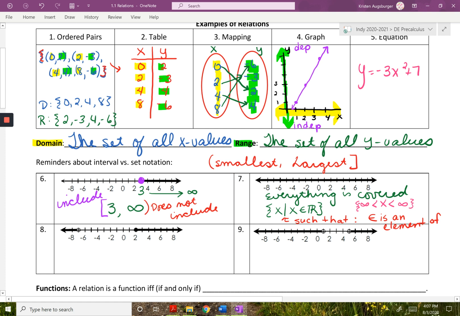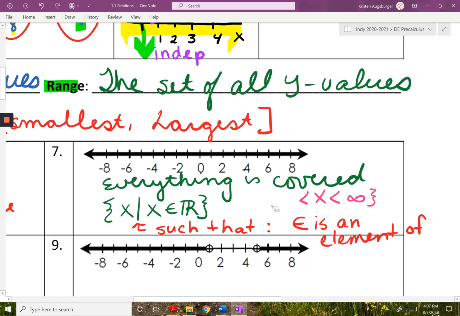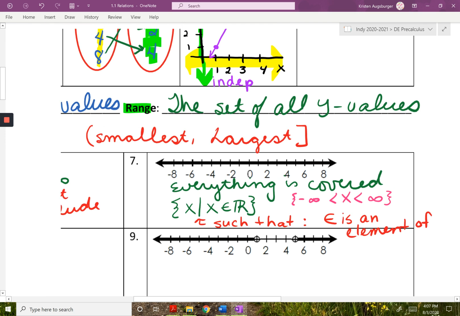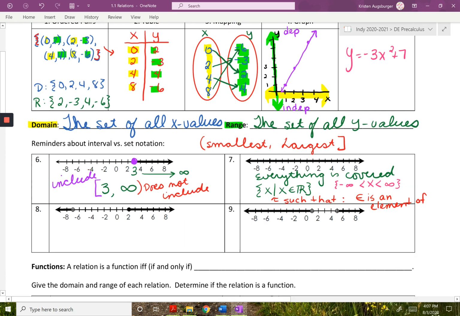Always make sure that when you're looking at this, it always goes from small to larger. If you put a negative on this one and a positive on this one, even if you flip your signs around, you can't do that. That is not appropriate notation. You will be marked off for that. So I would stick with this one, left to right, and that was my whole motive behind that.